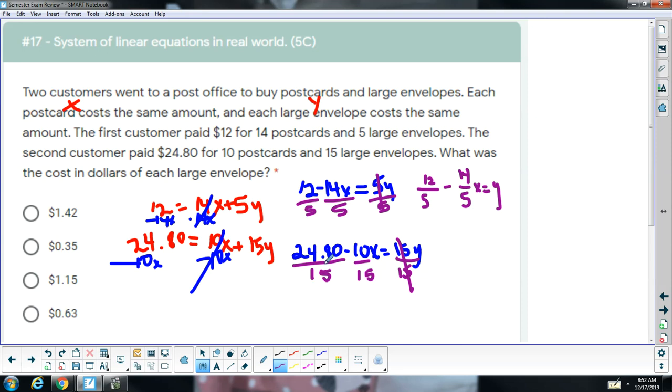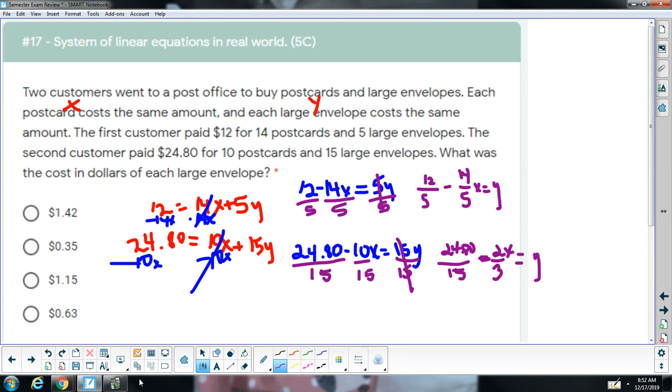So here, this 24.80 divided by 15, I don't know how to do that. I'm going to let my calculator deal with that, and I'm going to have 24.80 divided by 15, minus, sorry, it's not equals, it's minus. 10 over 15 will both reduce by 5. 5 goes into 10 twice and into 15 3 times. Then we have our equals y.